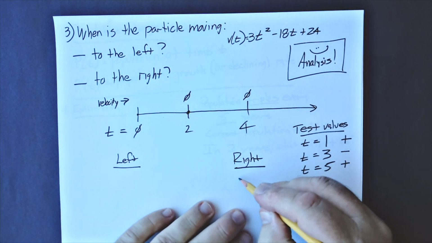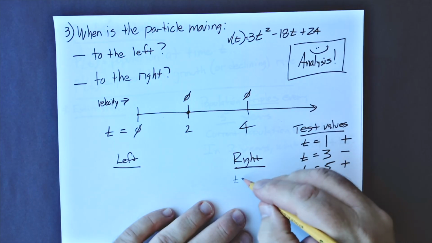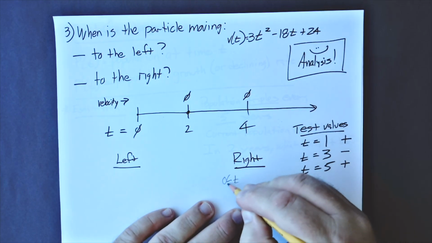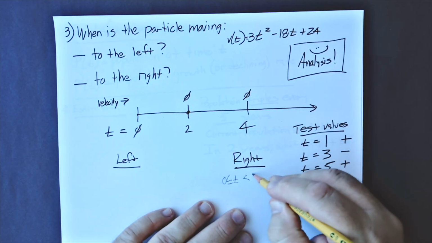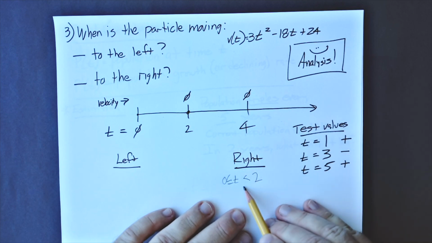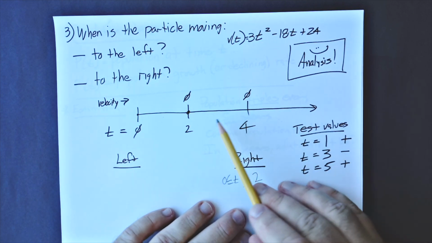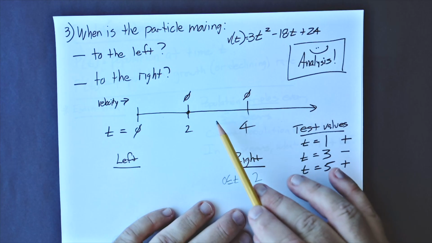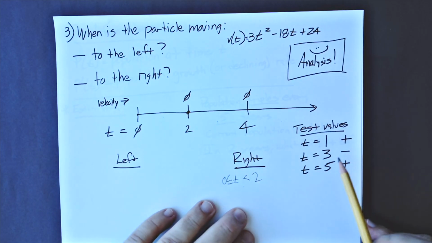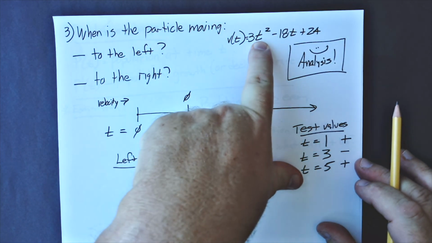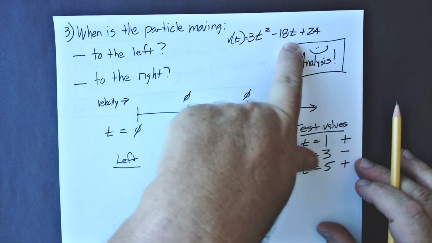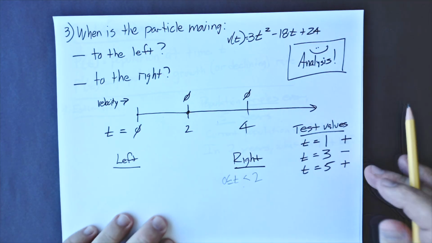So over here we would say t is greater than or equal to 0 and less than 2. That's when it's moving to the right. In the region between 2 and 4, what's it doing? Let's test a value. I tested 3, and 3 squared times 3 is 27, minus a pretty big number, plus 24 is going to be negative.